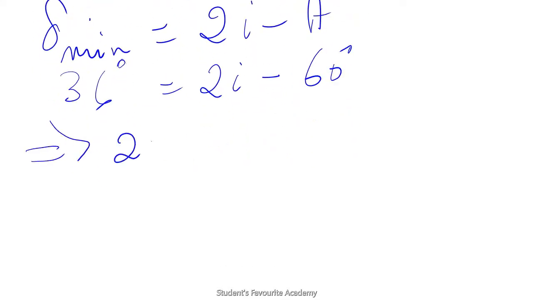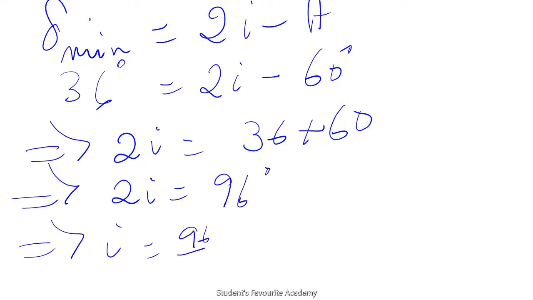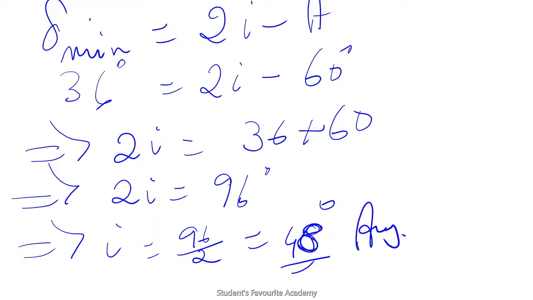So 2I is equal to 36 plus 60, 2I is equal to 96, I is equal to 96 upon 2, 48 degrees. Answer.